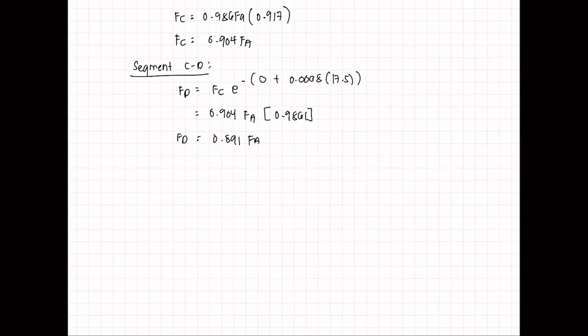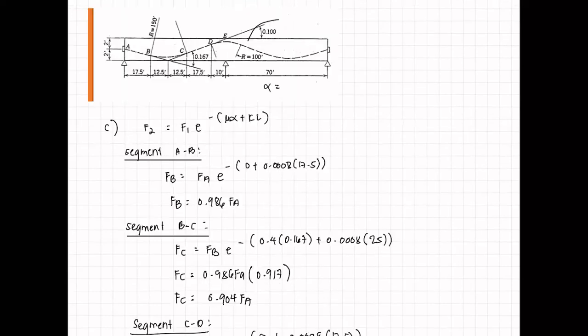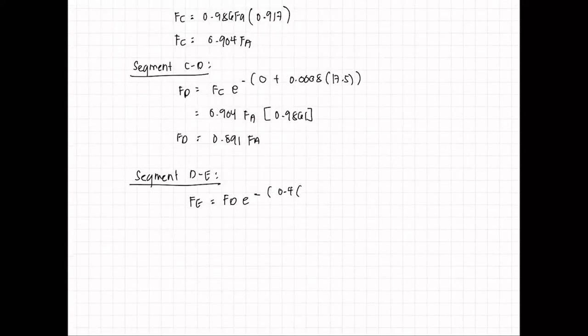Then last segment DE, we have FE is equals to FD E negative. So 0.4 times yung alpha natin is 0.1 plus 0.008 times yung length natin, which is 10.